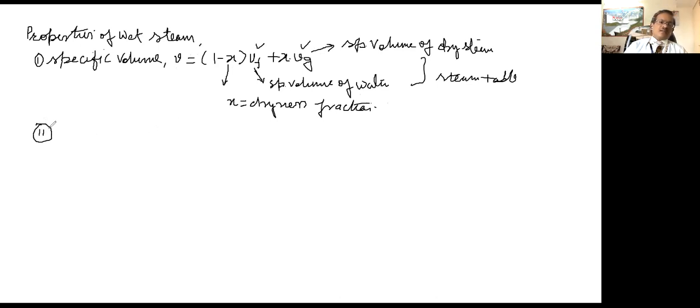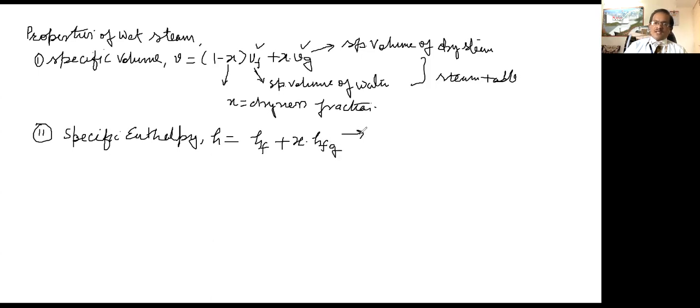The second property for the wet steam is specific enthalpy. Specific enthalpy can also be calculated. It is h = hf + x hfg.